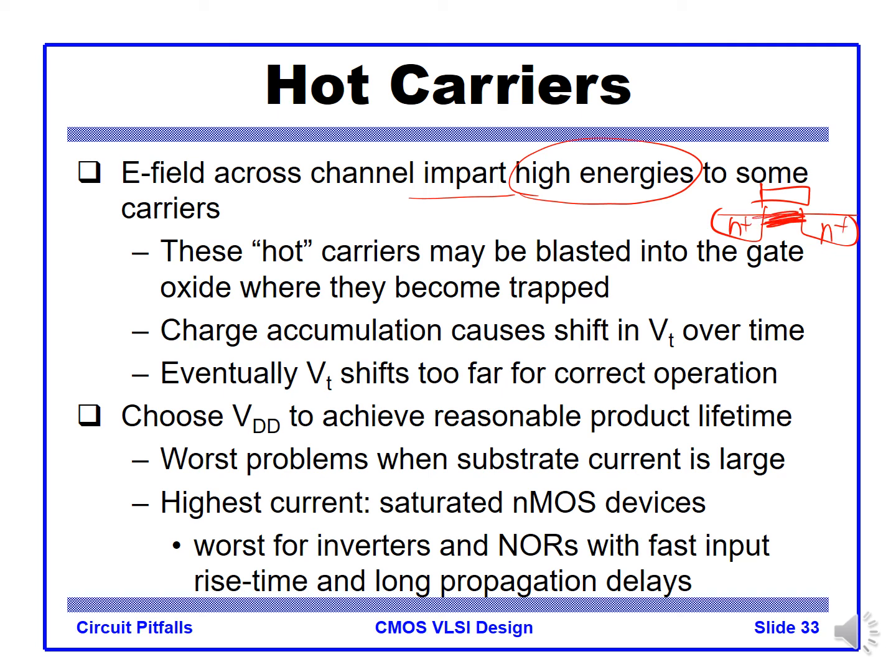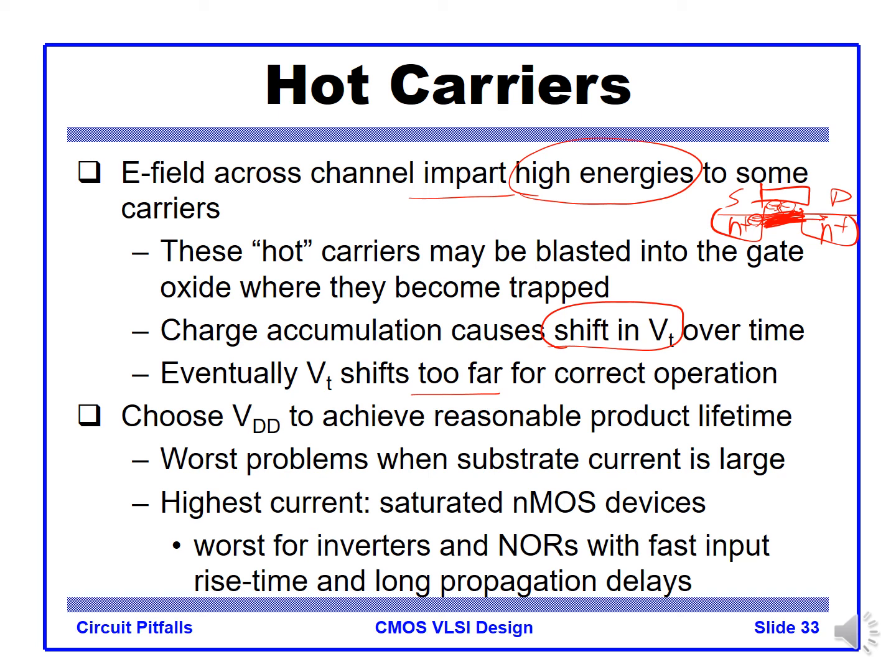The electrons on the surface move from source to drain, but because of the high electric field, some electrons will be trapped in the oxide. This kind of charge accumulation inside the oxide may cause a shift in VT over time. If VT shifts too far, then your circuit may fail, right?